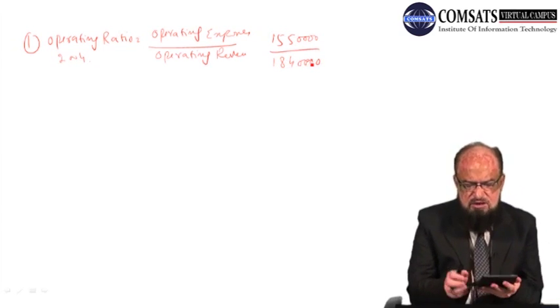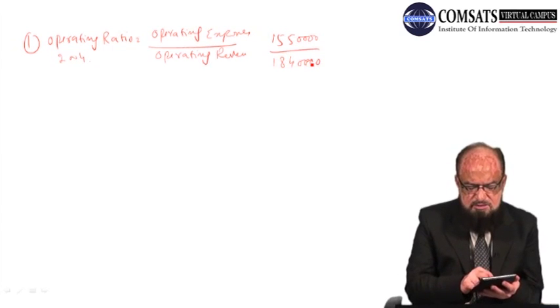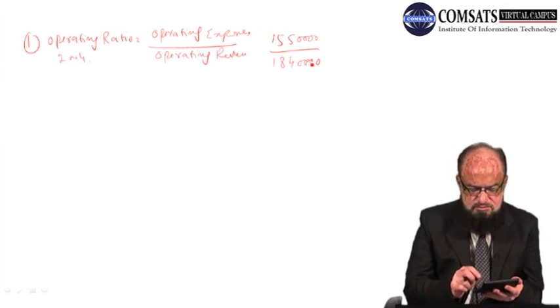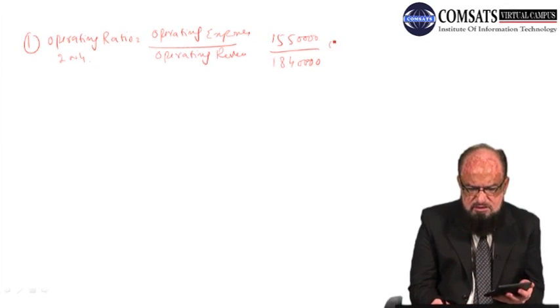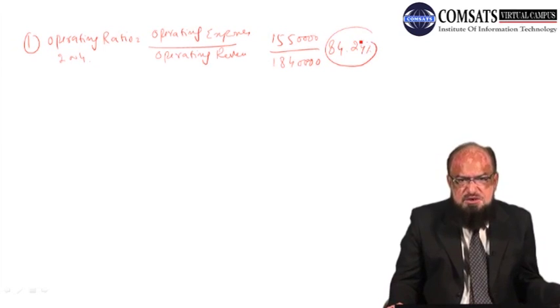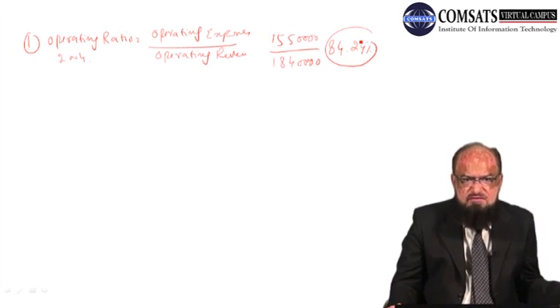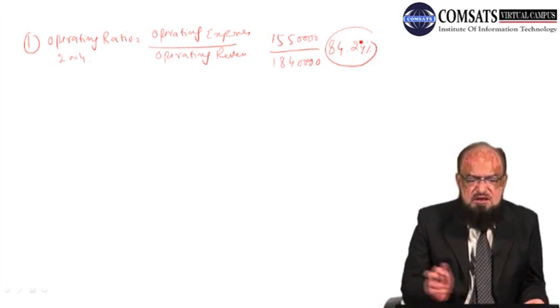Do the simple calculation with the calculator, 15,50,000 divided by 18,40,000, multiply by 100, which is 84.24%. That is the operating ratio for year 2004.